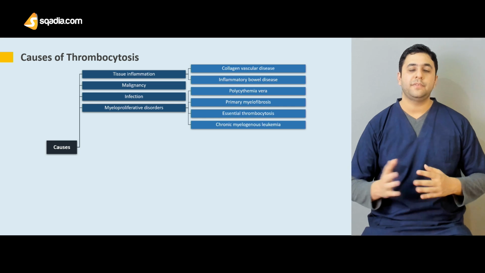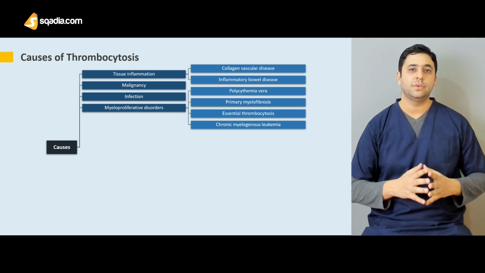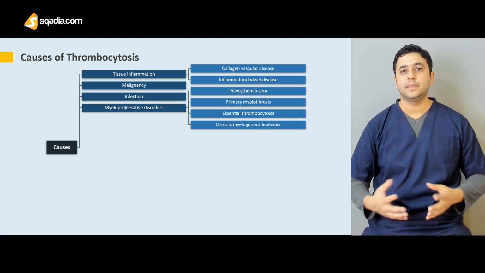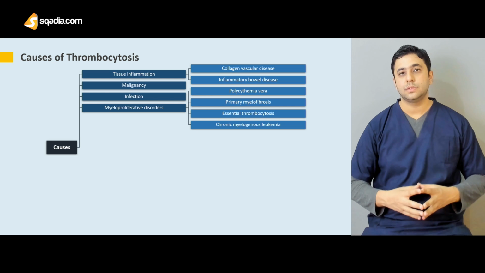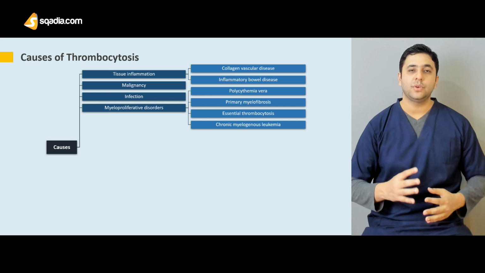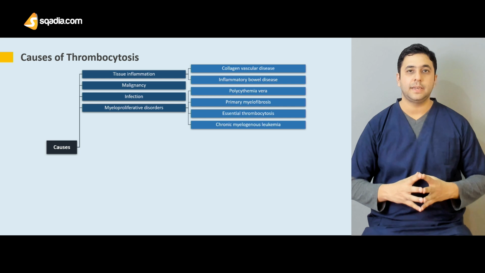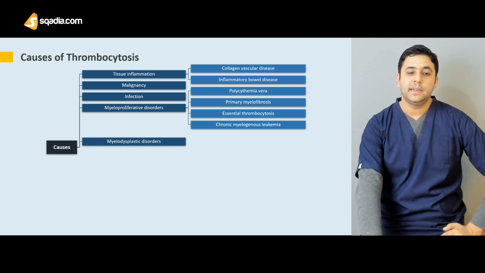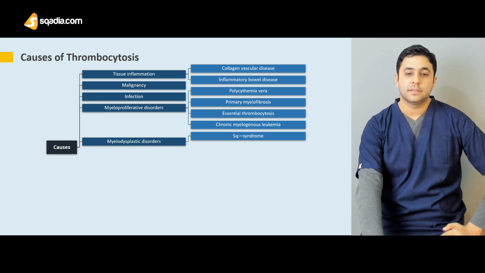And then afterwards, if we have ruled out those disorders, then we have to look at what type of myeloproliferative disorder we are dealing with. Is it polycythemia vera or essential thrombocytosis or CML? So we have to keep the important points of all the disorders in mind while we are arriving at a diagnosis.